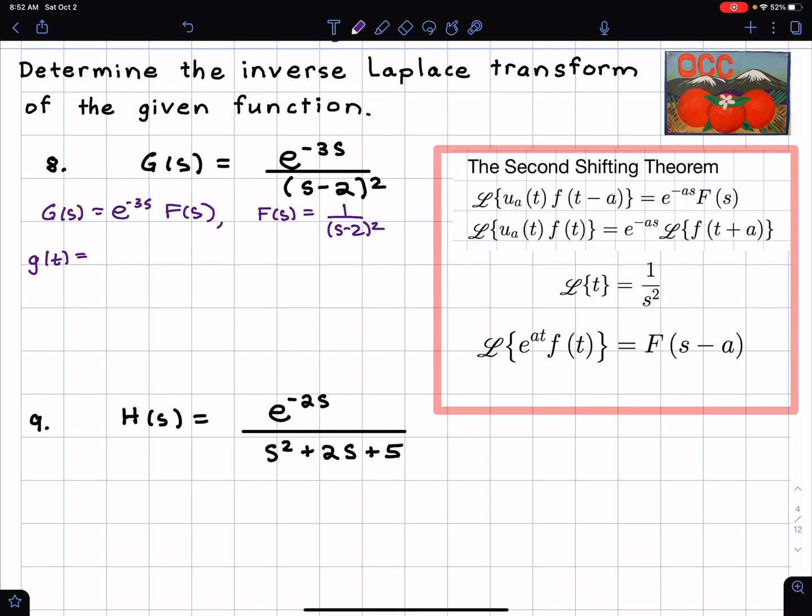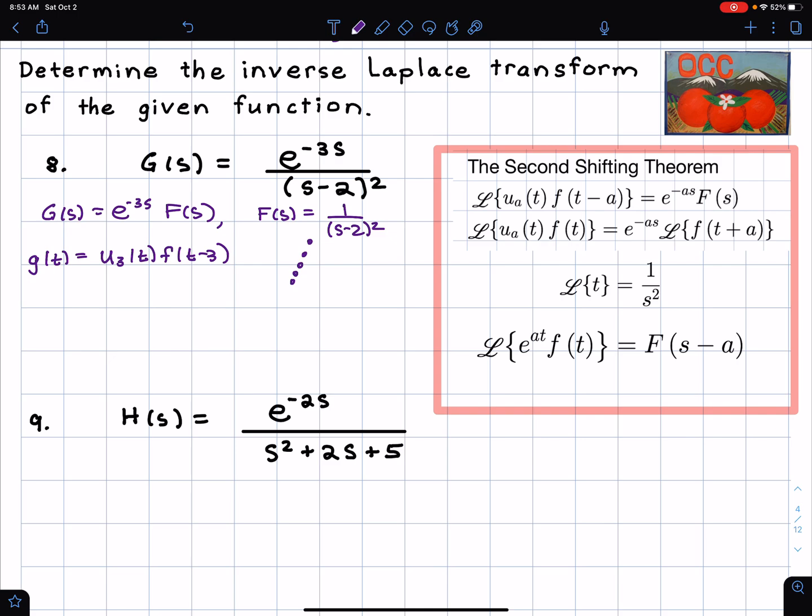So plugging in, we'll get u_3(t) f(t minus 3). So there we go, except we need to find what f of t is so that we can use this formula.